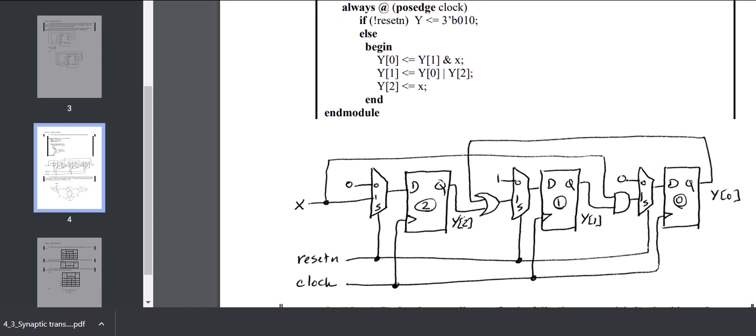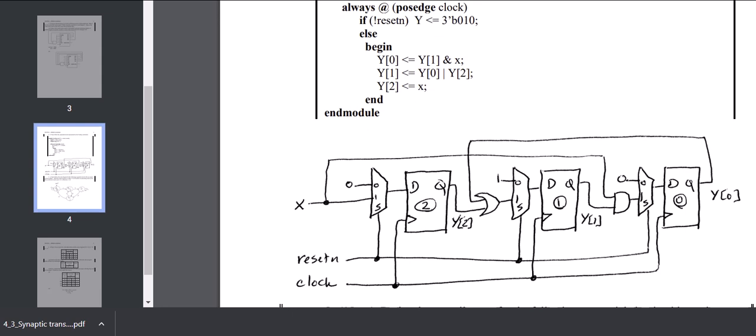It says if not reset in. If not reset in, that means if 0. So if reset in is 1, then not reset in is 0. So it's saying if 0, then we do that initial load.